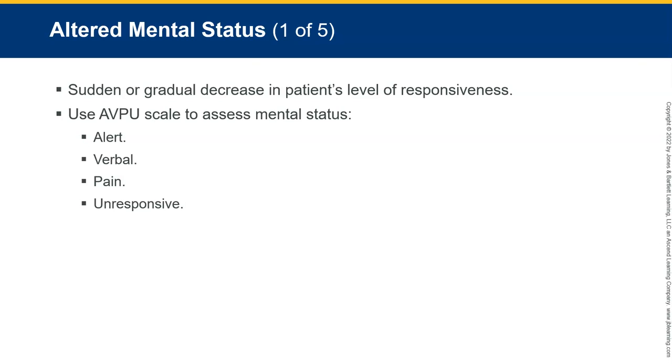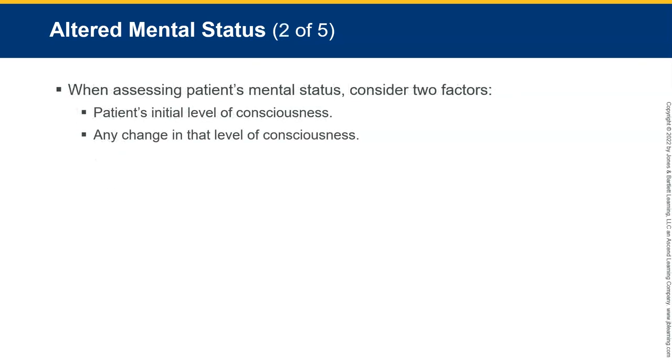They're just unresponsive. So when assessing the patient's mental status, we want to consider two factors. First, the patient's initial LOC. What was it like when we first found them? When we talked about Margaret earlier, she was sitting in her chair answering questions appropriately. So we'll just mix and match our stories, right? We get in there and start talking to Margaret, and then she suddenly falls out of her chair onto the ground, and now she is unresponsive.